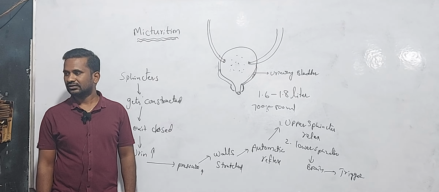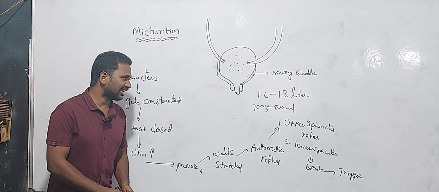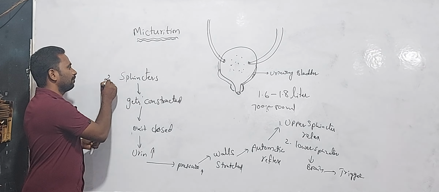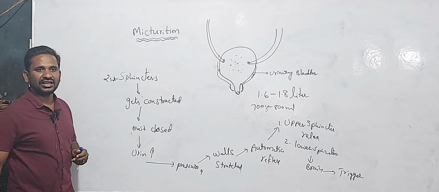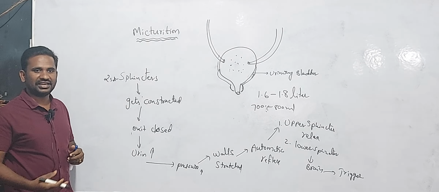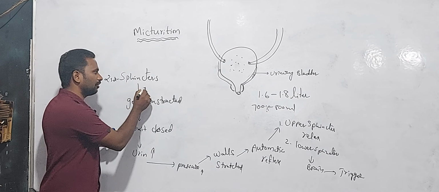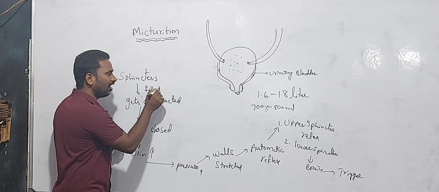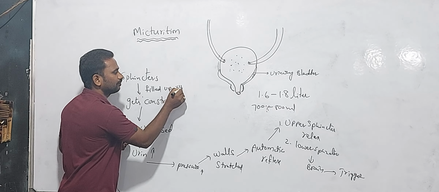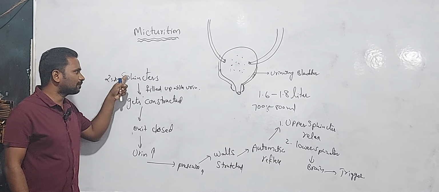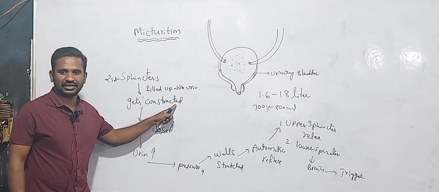Do you understand? Yes, sir. Any doubt up to here? No, sir. So once again, see this: two sets of sphincters are present in the area of the urinary bladder. These are circular sphincter muscles. When it is filled up with urine, the two sphincters constrict and the exit will be closed.